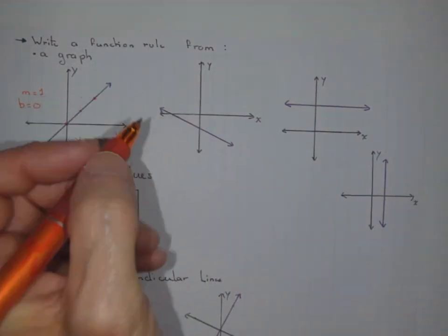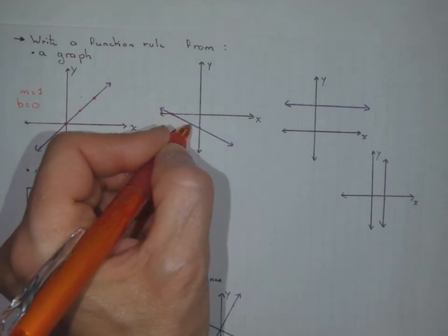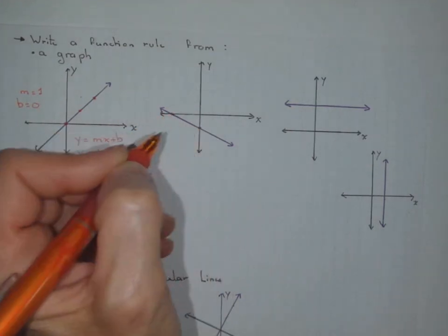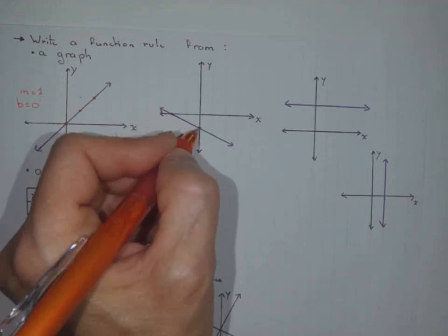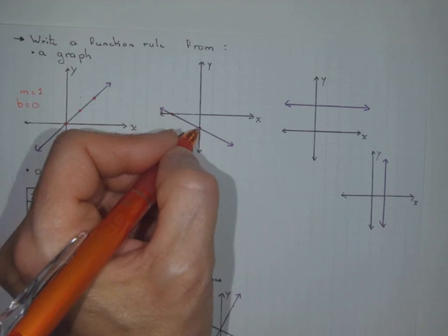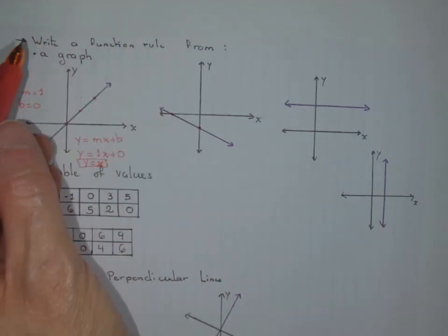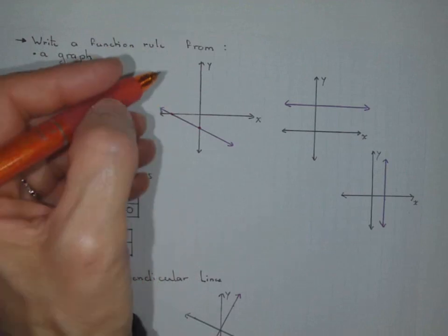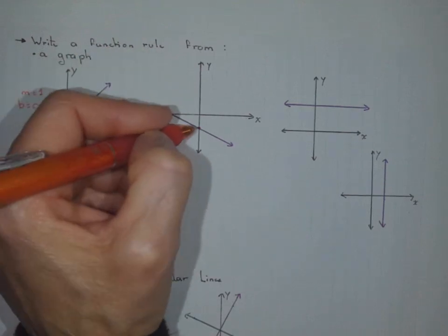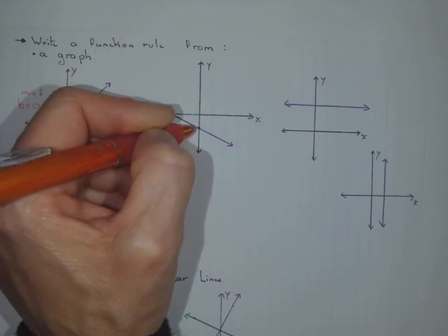So again, I need my slope. So I'm looking for a point, follow my line until I hit another corner, and right there is one. And don't ever count from right to left, right? We always count from left to right when we read the graph. Just like when you write in English, right? You start on the left, you go toward the right. And so from the point most to the left to the point to the right, I'm going to go down 1 over 2.